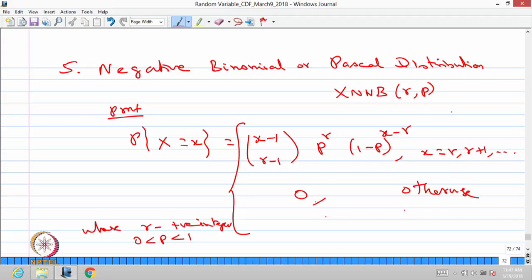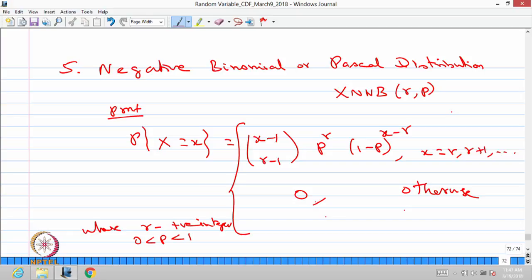Therefore, x can be r, that means you may get the rth success in the rth trial itself, or you may get the rth success in the r plus 1th trial, and so on. So, that is the interpretation of the probability mass function.